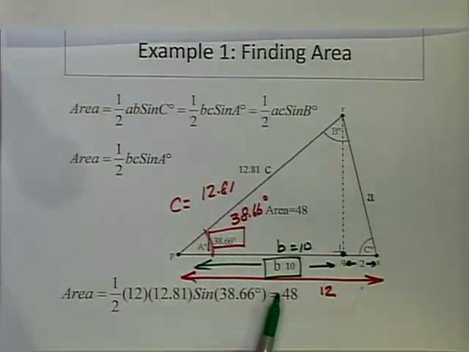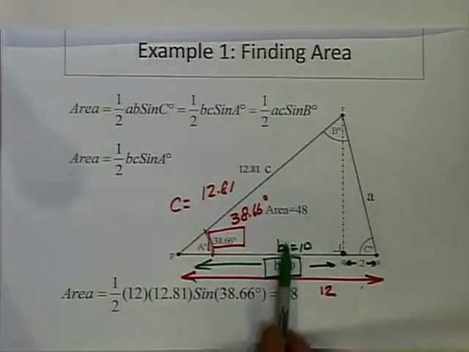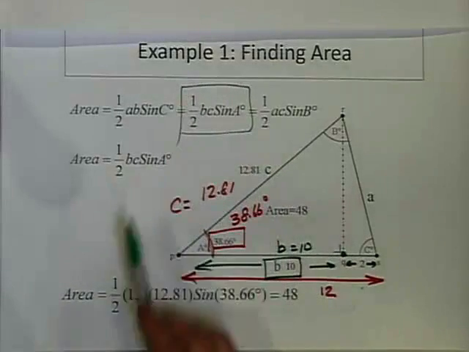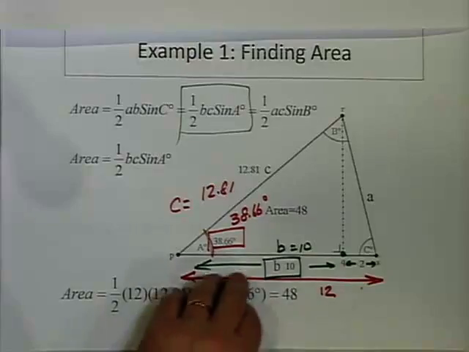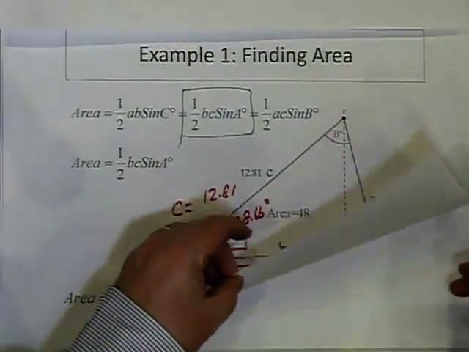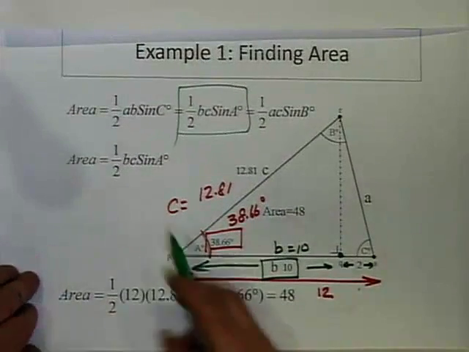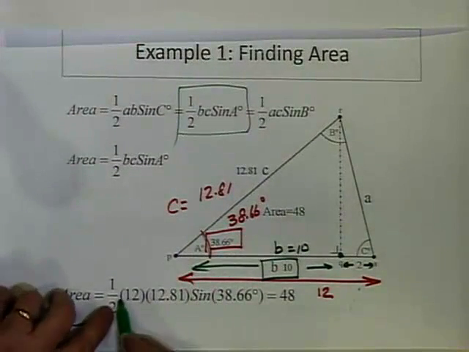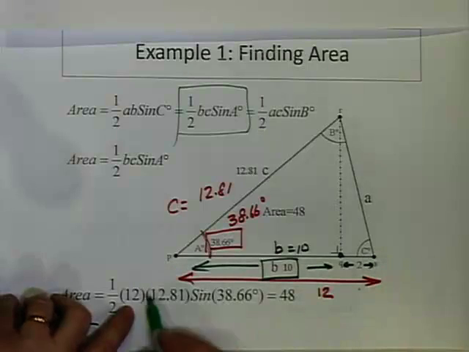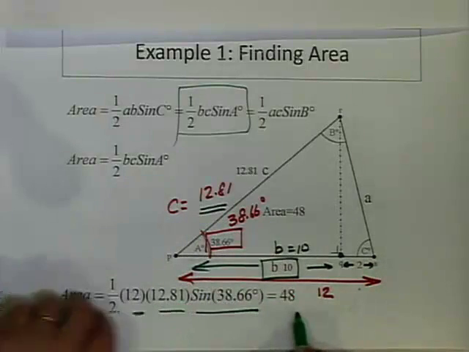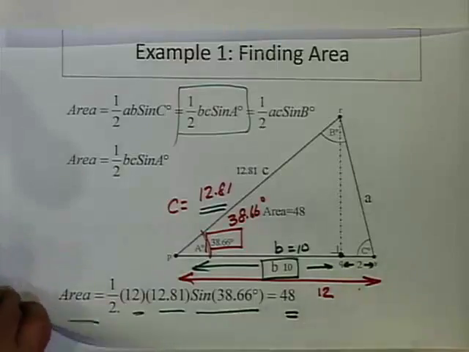Which do I use? Well, if that's B and that's C, it's BC sine A, the middle one. Is that okay? And that's how I solve that area. So it's a half of 12, the total distance, times 12.81, sine the angle in between. That turns out to be 48.